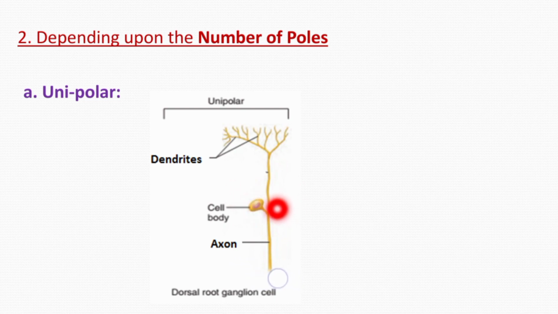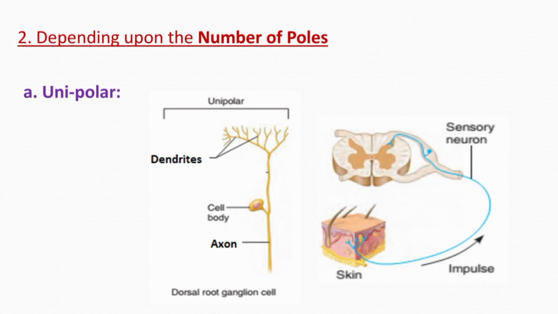This one pole arises from the cell body or soma, and from this single pole both the dendrites and axon arise. Most of the unipolar neurons are sensory neurons, and they conduct impulses from the periphery to the CNS.